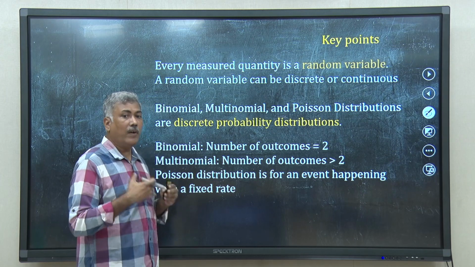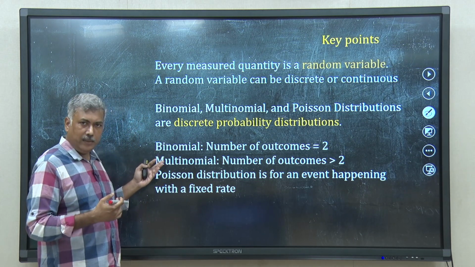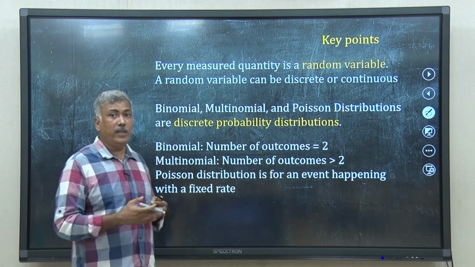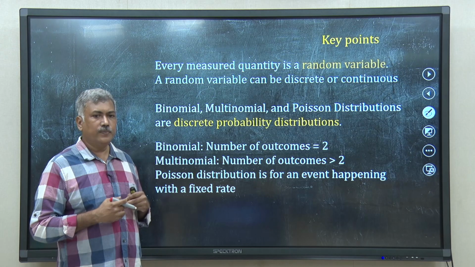If your number of outcomes in a trial is 2, then it is binomial. If the number of outcomes is bigger than 2, then we have to use the multinomial PMF.